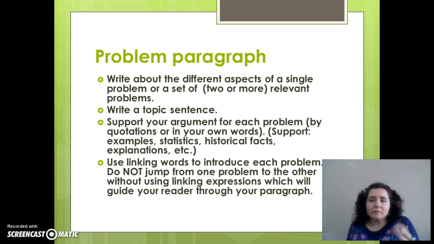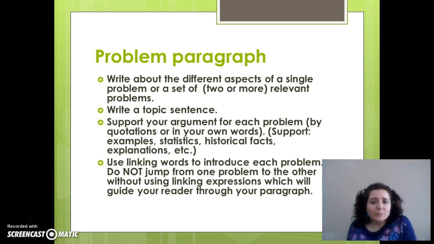Because deeming something as a problem is a subjective approach, and if you want your reader to understand your subjective, personal approach about that thing being a problem, you should be telling us why you think it's a problem.